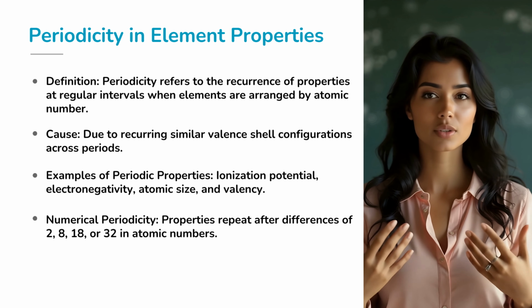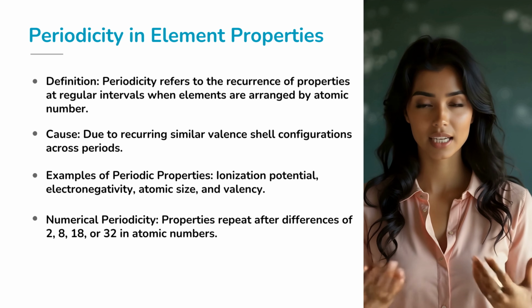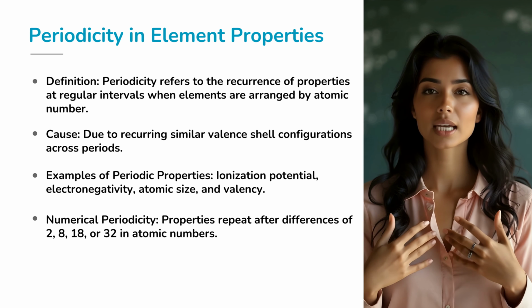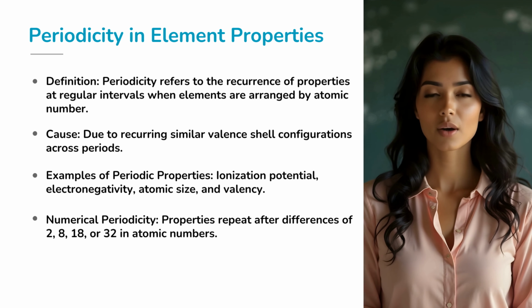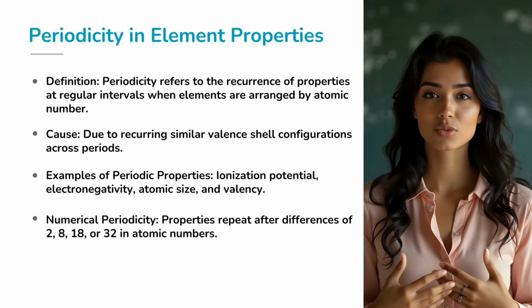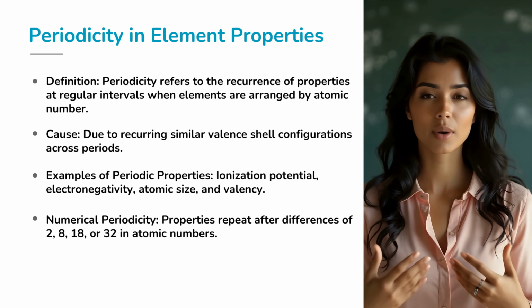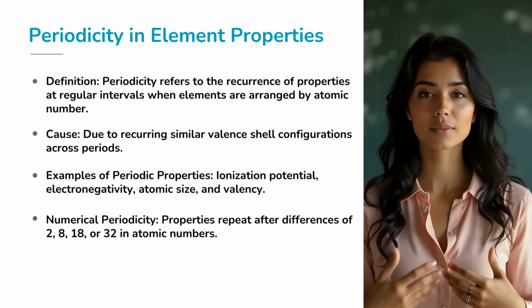After every 2, 8, 18, or 32 atomic numbers, similar electronic configurations repeat, leading to elements with similar chemical behavior. This is why lithium and sodium, although in different periods, show nearly identical reactions with water. And this is what makes the periodic table a powerful predictive tool, not just an organizational chart.